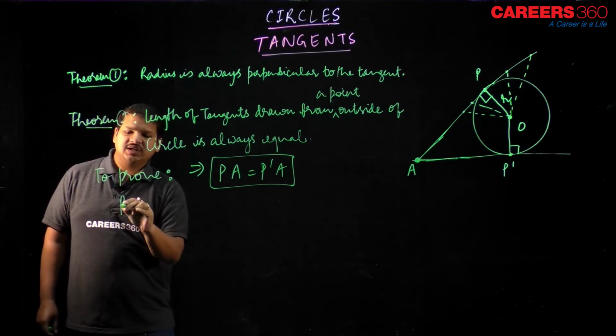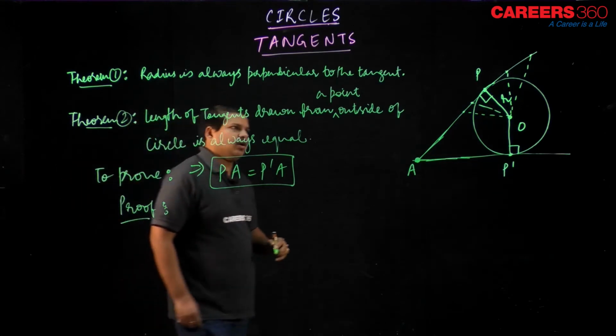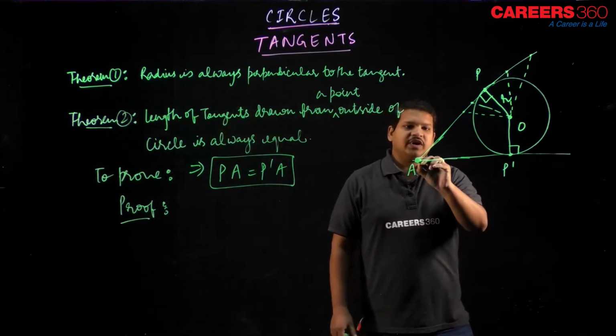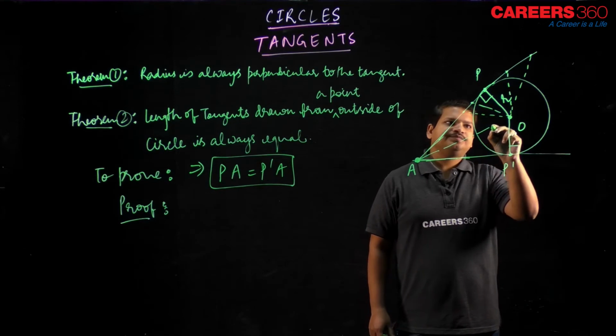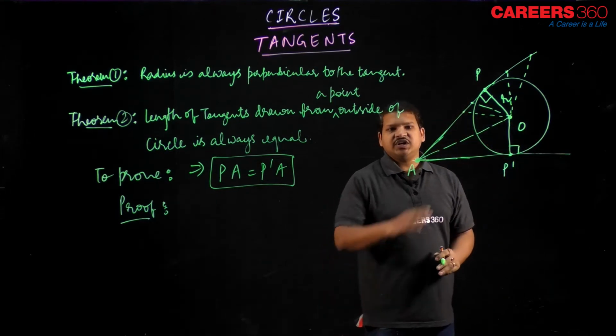Let's understand the proof of this, which is pretty basic. All you need to do is draw one triangle right over here. So what I have done, I have constructed a triangle.